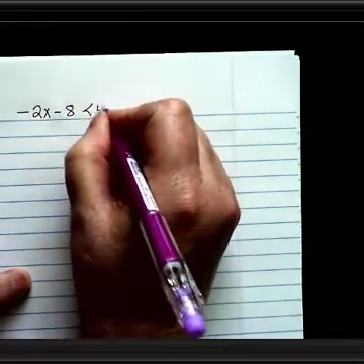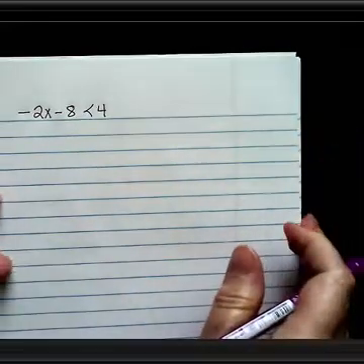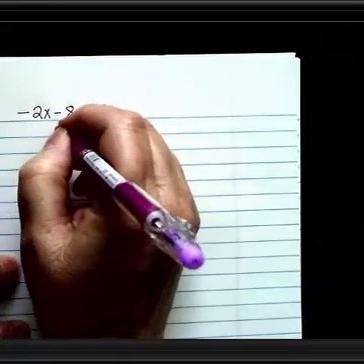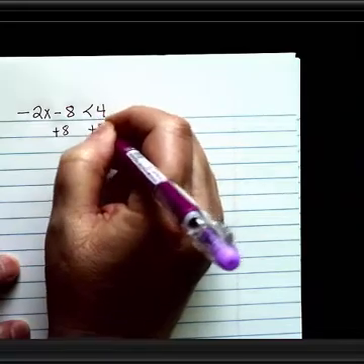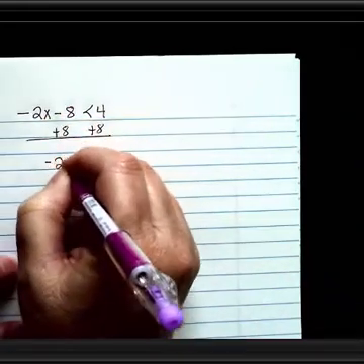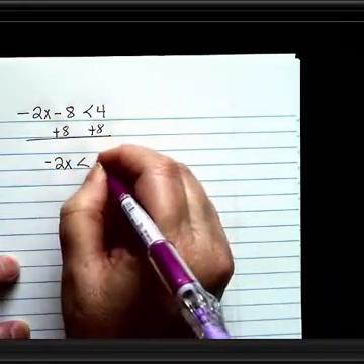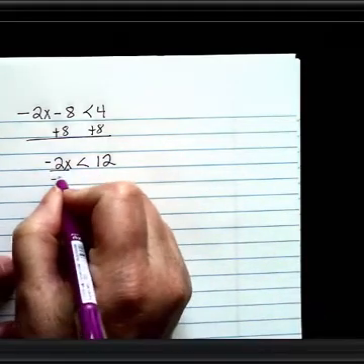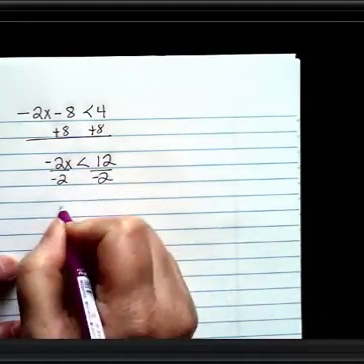All right, one more question. -2x minus 8 is less than 4. Solve, graph, interval notation. I'm going to add 8 to both sides. -2x is less than 12. Divide both sides by -2.